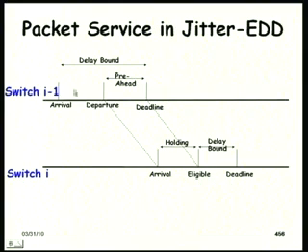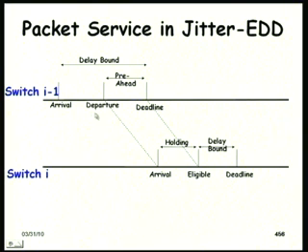Here is the explanation. At every switch there is a delay bound, and the delay bound for every switch is fixed. The total delay for the packet that was agreed during the connection is distributed among the different switches.